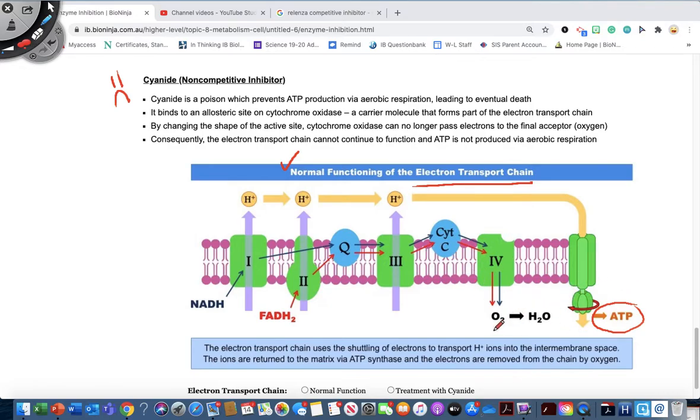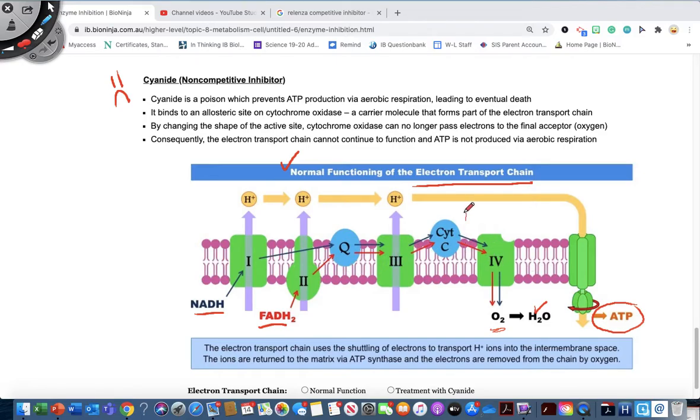In the process, you take the oxygen that you breathe in through cellular respiration, and that eventually turns into water. The oxygen is the most electronegative acceptor here, and that's why these electrons are carried along the chain and pulled by the oxygen. These guys right here are electron carriers, and we're going to learn more about them later. So this is how the electron chain works in a nutshell.